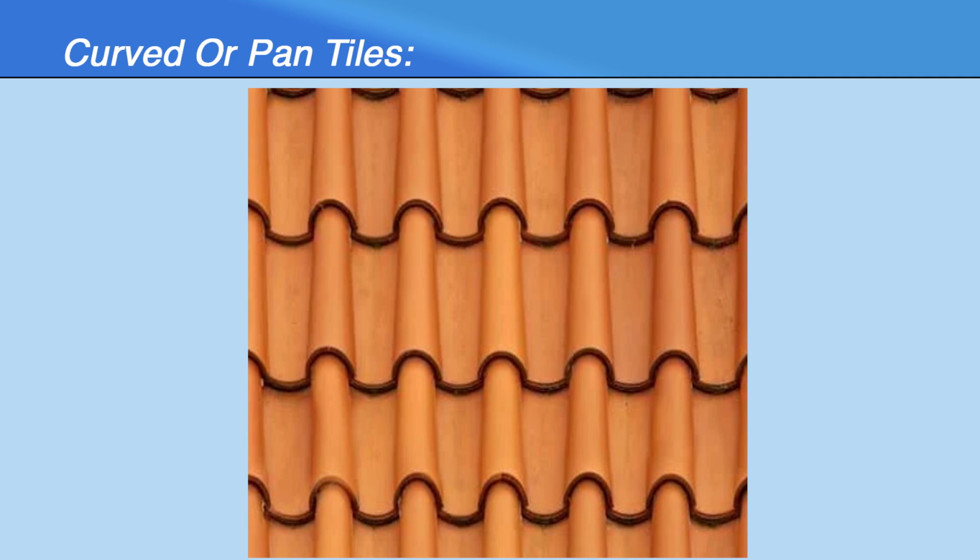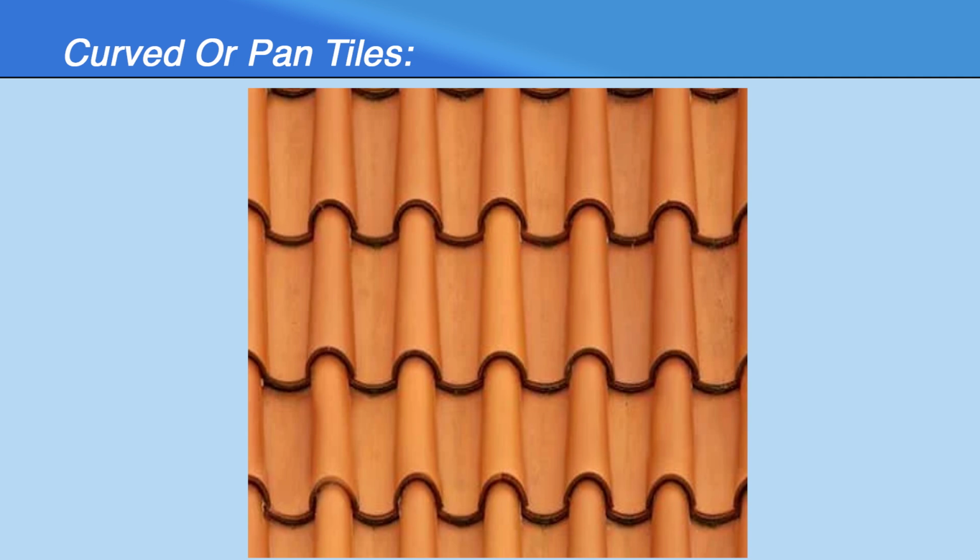One nib is given at the head on the underside of the waves, and the nail hole is provided below the nibs, and two of the opposite diagonal corners are rounded. Curved tiles are usually laid with overlapping side joints with a double thickness only at the head joints and single thickness at the unlapped part.